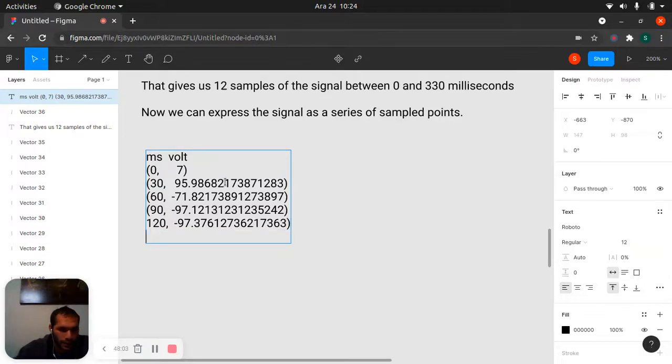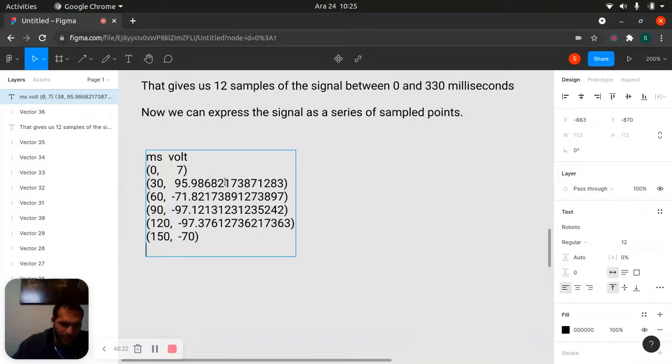Then this one is 700. Close it. Let's come down again. 180 will be some number again.